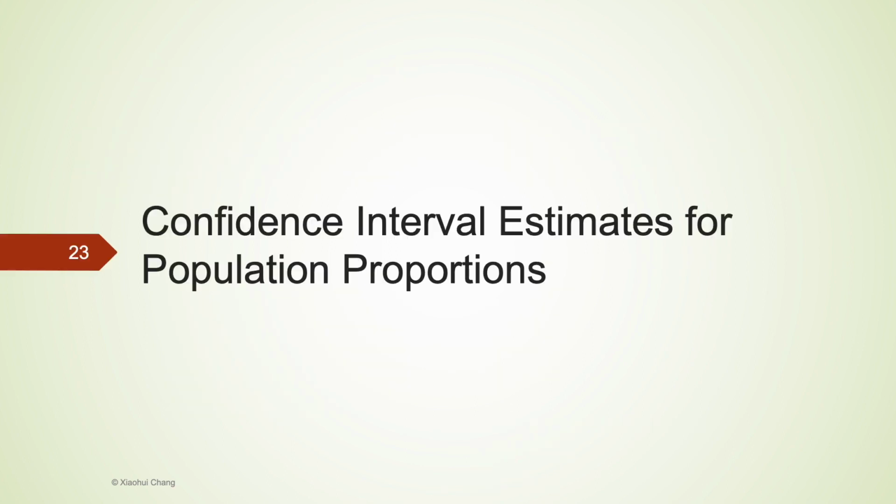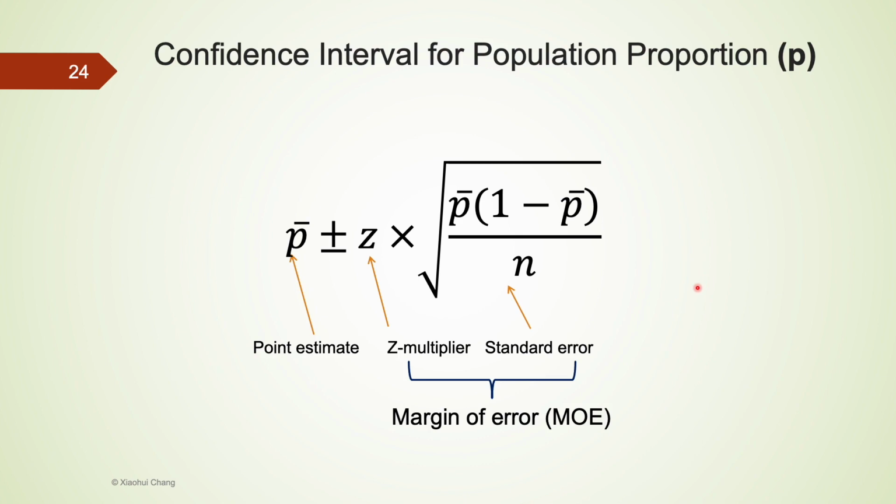Next, let's see how we can estimate confidence intervals for population proportions. Similar to the confidence interval estimate for the population mean, the formula for the population proportion can also be split into two parts, the point estimate and the margin of error. The point estimate is the sample proportion, that is p bar.